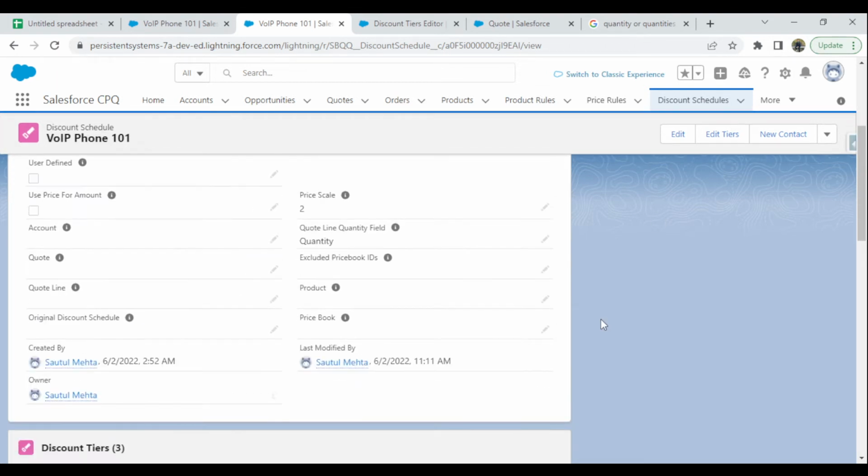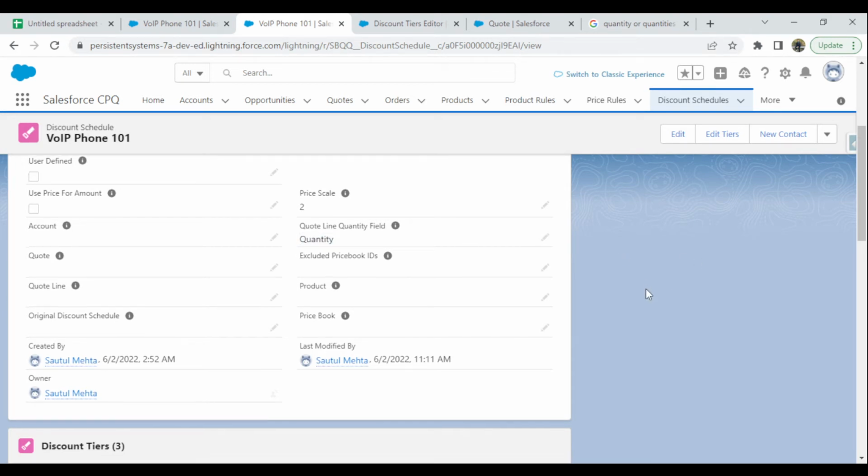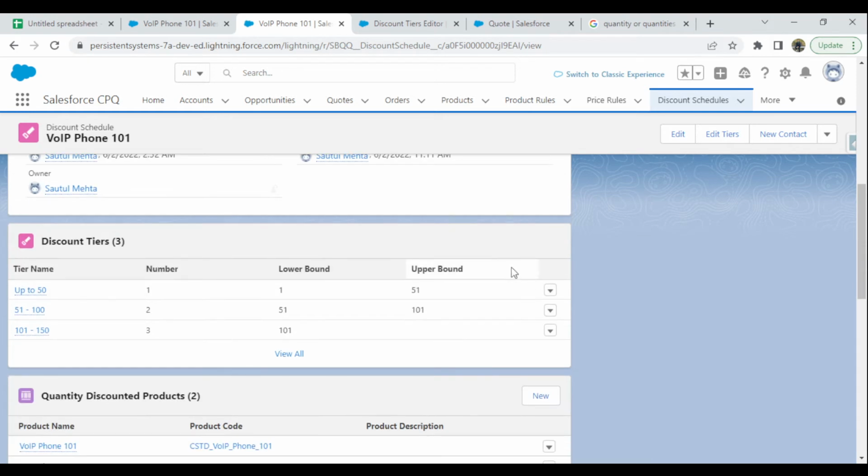And for the quote line, we are going to take the quantity field for the calculation of tier based discounts. If we scroll down, we are having discount tiers, that is 3 discount tiers that we have defined: up to 50 quantities, then 51 to 100 quantities, and 101 to 150 quantities.